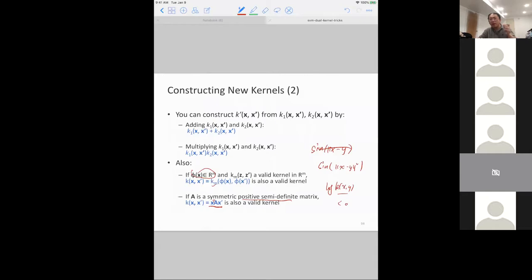Now, if I just give you one point, you compute the kernel function on itself, which is k(x, x). Then it becomes a scalar. The scalar is positive semi-definite if and only if it is non-negative. If you take a logarithm over some kernel function, it is possible to be negative. So usually it is not a valid way to construct a kernel.